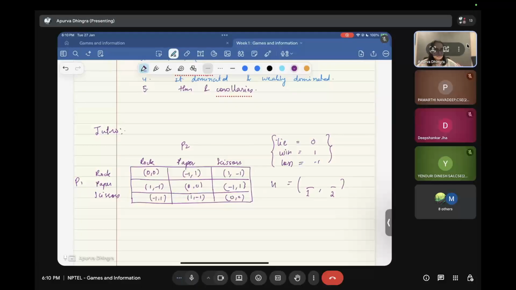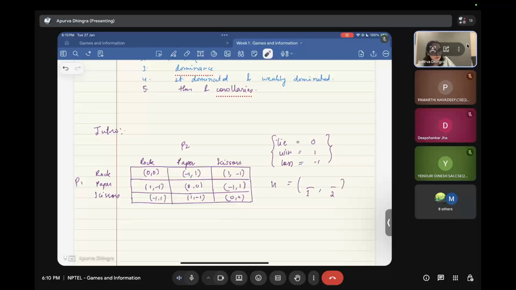This is the tuple. Okay, so we can take just one row as an example and try and understand what all is happening here. So for example, let's consider this first row where player 1 is playing rock. So player 2, if he also plays rock, they would both end up in a tie situation, nothing happens there. On the other hand, if player 2 plays paper, he's the one who wins.